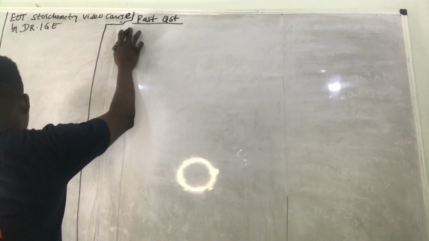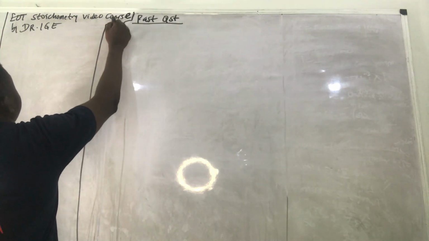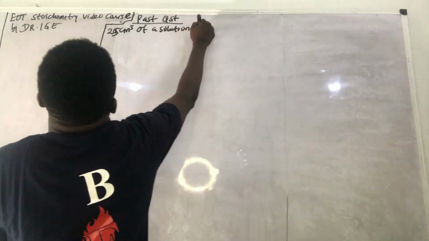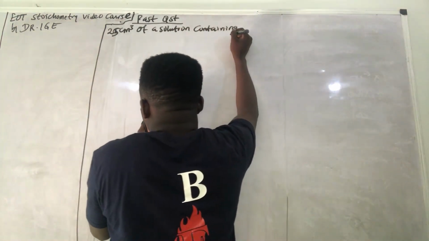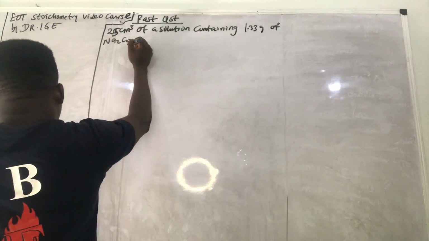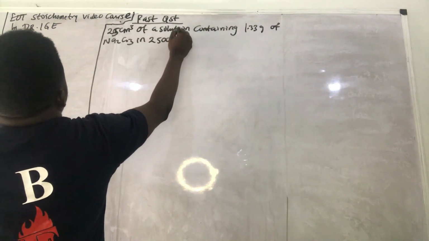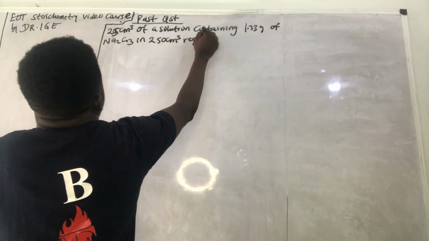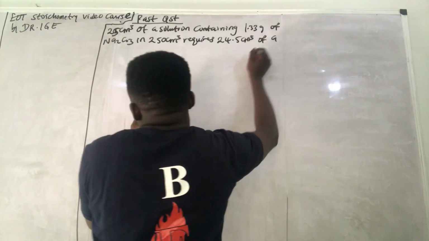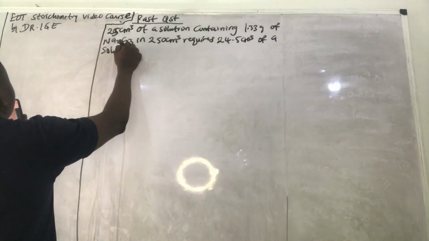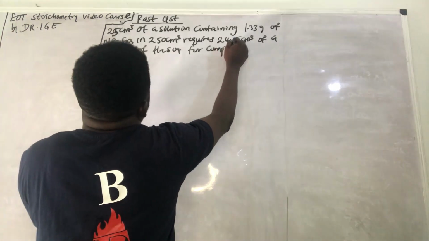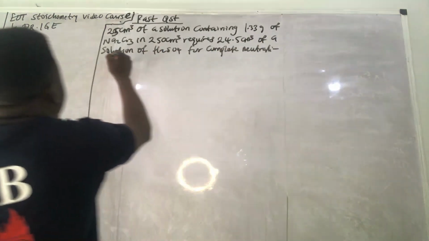Okay, it says: 25 cm cube of a solution containing 1.33 gram of sodium trioxocarbonate(IV) in 250 cm cube requires 24.5 cm cube of a solution of H2SO4 for complete neutralization.